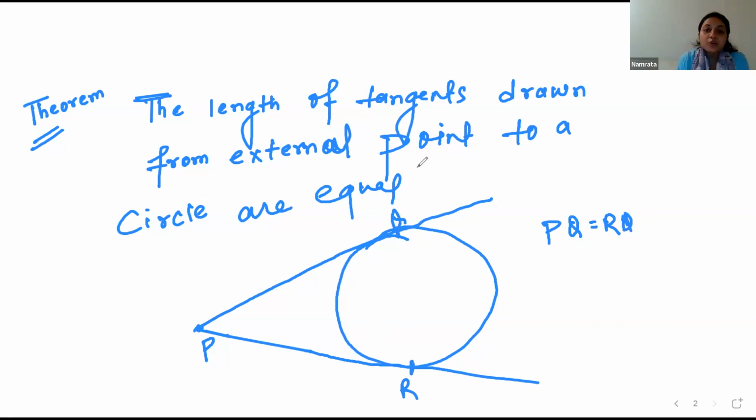Now one more theorem, let's connect it with the previous theorem. In the previous theorem, when we draw a line through the radius, it will be perpendicular. Here also, it will be perpendicular. So this is what the next theorem says. On the basis of this theorem we will be solving a lot of questions.